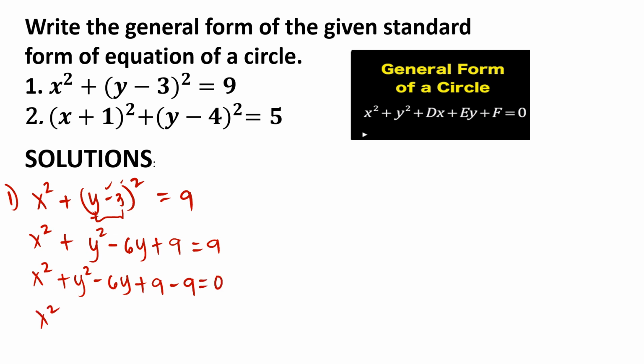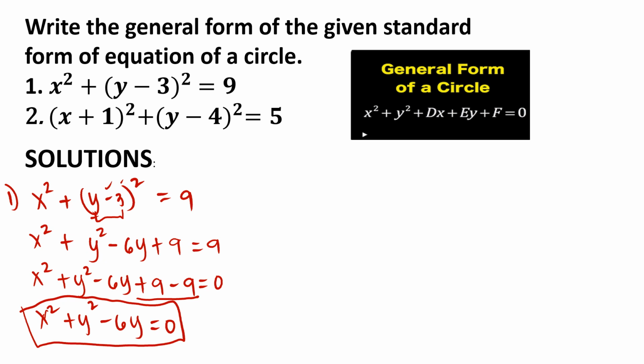So we have x squared plus y squared minus 6y plus 9 equals 0. Therefore, this is already the general form of number 1.